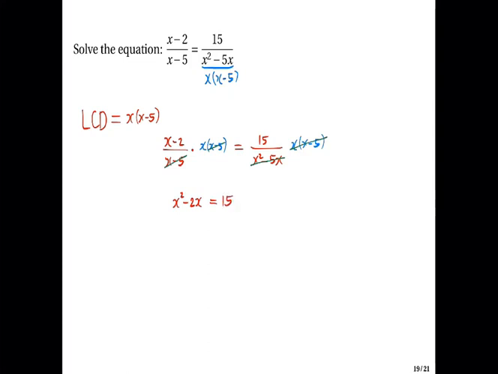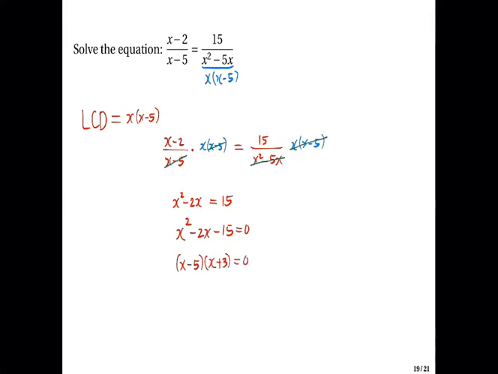We rewrite this into standard form. So x squared minus 2x minus 15 equals 0. And therefore, try to check if this is factorable. It's factorable into x minus 5 times x plus 3, and this is equal to 0.